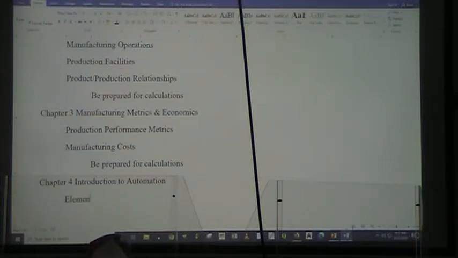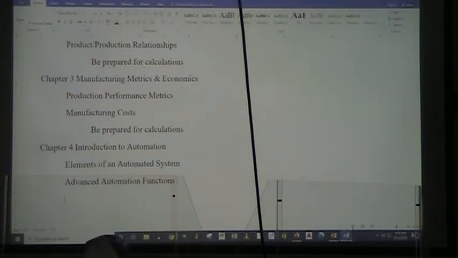So you want to know about elements of an automated system, advanced automation functions, levels of automation, and automation and artificial intelligence.